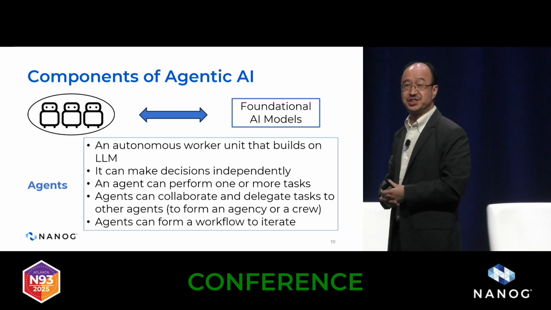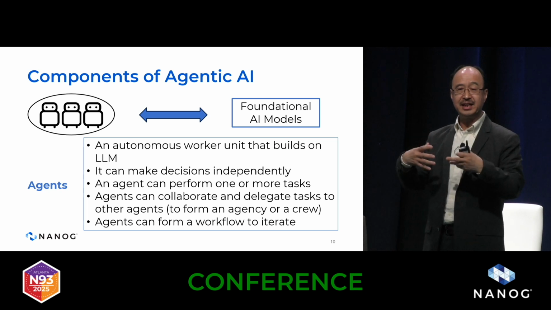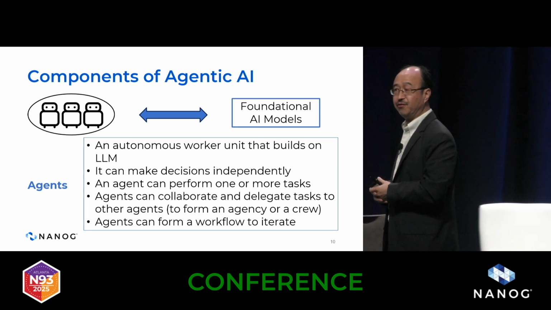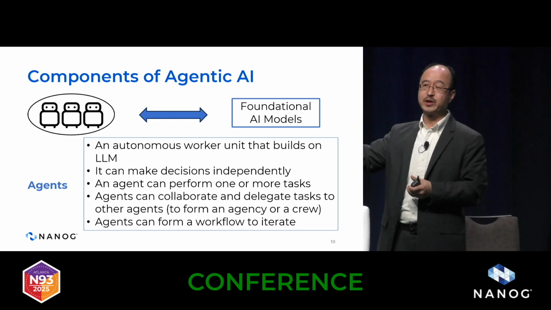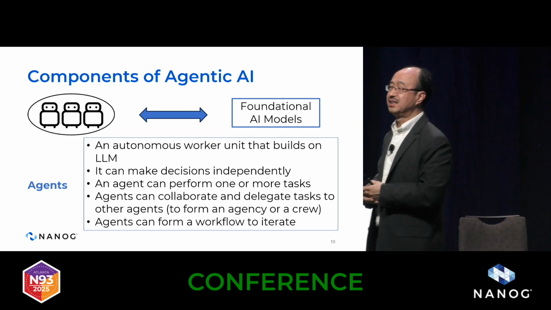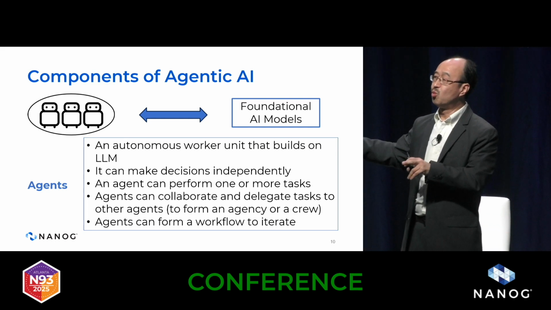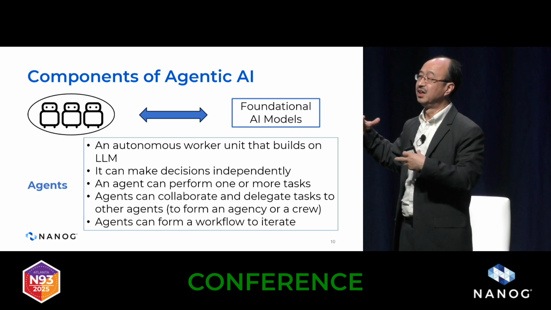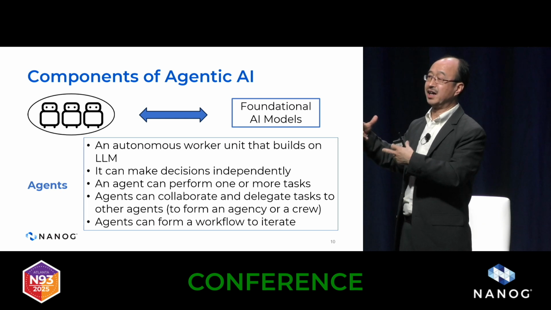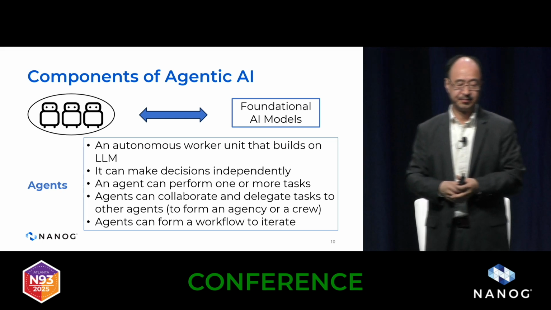It can make decisions independently with limited or no human intervention at all. An agent can perform one or more tasks, again, independently. The other important piece is that agents can collaborate. They can work together like humans do as a team. So they form what we call an agency, or some kind of crew working together to solve complex problems.